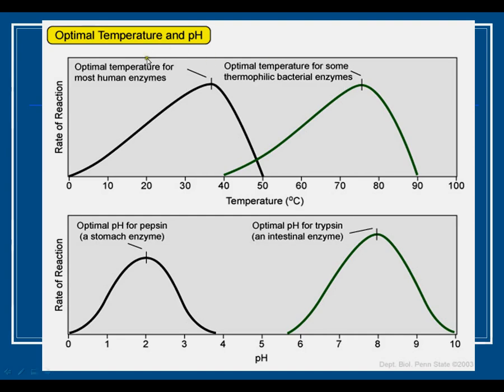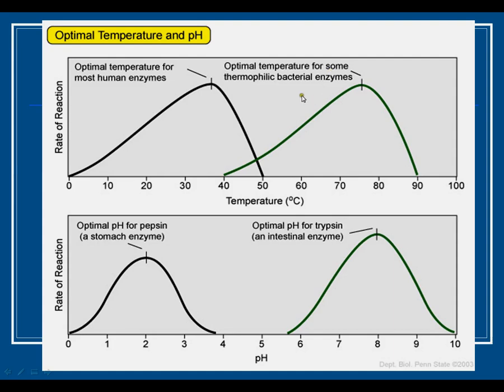If you look at the optimal temperature for most human enzymes, that's this black line, they work best at, it looks like, about 37 degrees Celsius, which is close to our body temperature. So one of the reasons that our body may work so hard to maintain our body temperature is that this is the optimum temperature for our enzymes to function, which is a very good thing.